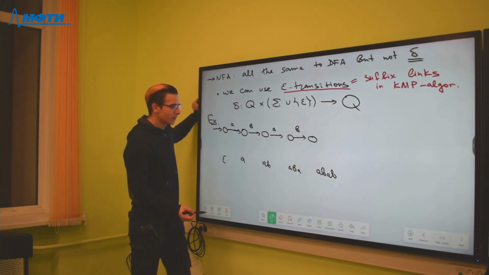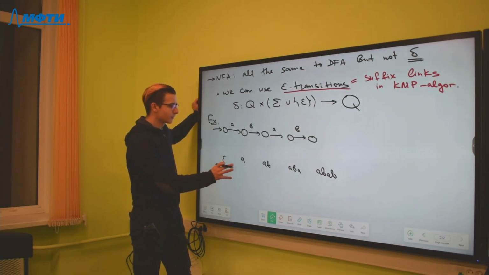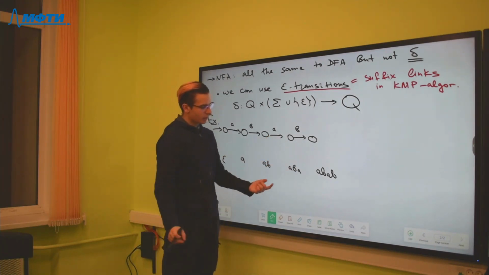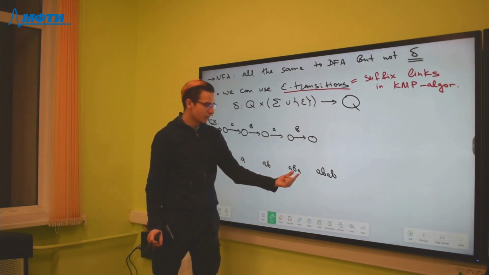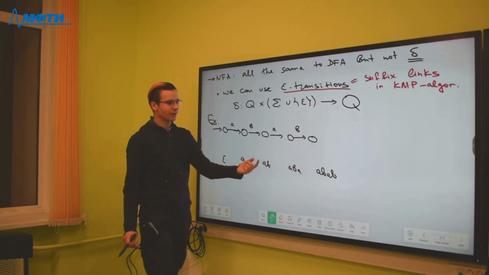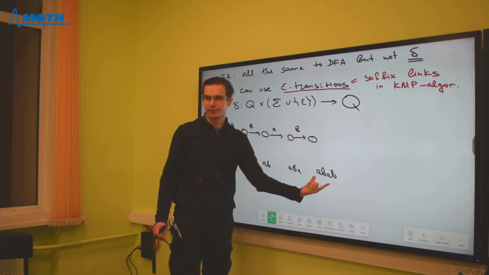And I talk about the suffix links as the connection between the word that we have here and the longest suffix of it that is equal to a prefix of this word.